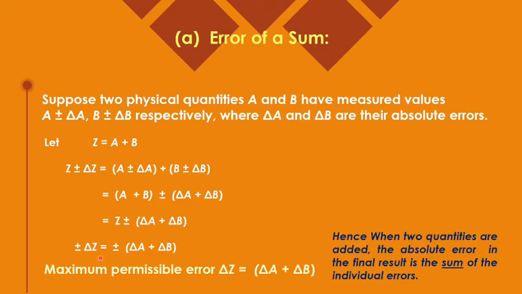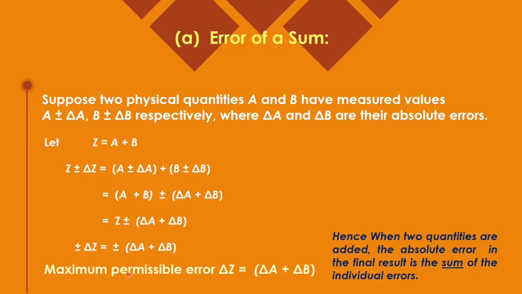Now the possible values of the absolute error delta Z can be delta A plus delta B, minus delta A minus delta B, plus delta A minus delta B, or minus delta A plus delta B. But whenever it comes in your exams or you have to work out a numerical, we always have to look for the maximum permissible error.